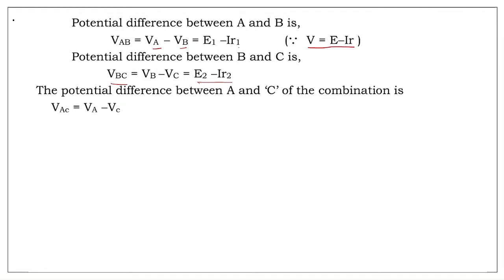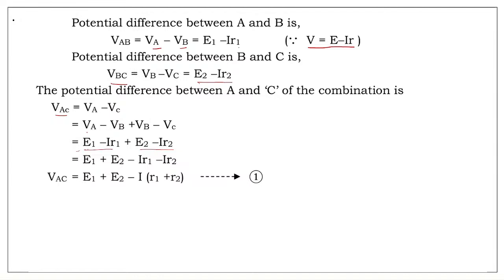The potential difference between A and C of the combination is VAC is equal to VA minus VC, that is equal to VA minus VB plus VB minus VC. Now substitute values, we get E1 minus I R1 plus E2 minus I R2, that is equal to E1 plus E2 minus I R1 minus I R2. Therefore, VAC is equal to E1 plus E2 minus I into (R1 plus R2).